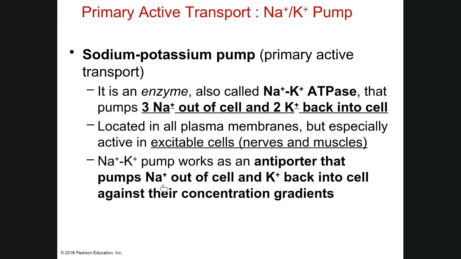We are sending sodium out and potassium in against their concentration gradients. That probably doesn't make a whole lot of sense right now, but it will later, hopefully. Because we're going against the concentration gradient with the movement of these two ions, energy is required. That's why we have to have ATP there. Energy is needed for that process.